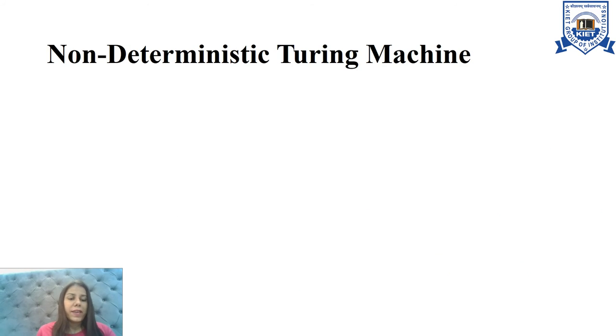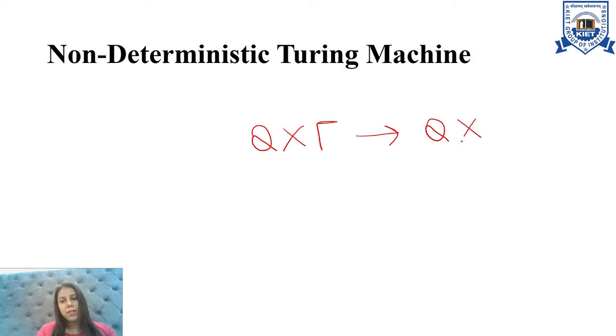Coming to the other variant, that is non-deterministic Turing machine. A Turing machine takes a state, takes a tape symbol, and makes a move to another state, changes the input tape symbol, and makes a move in a direction. This direction can be either left or right.